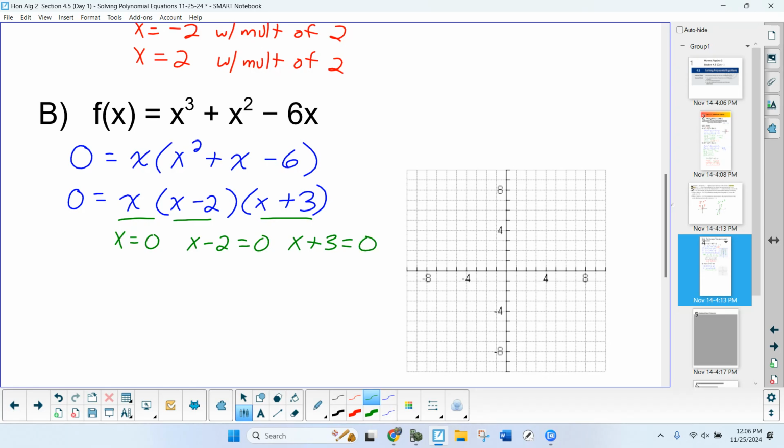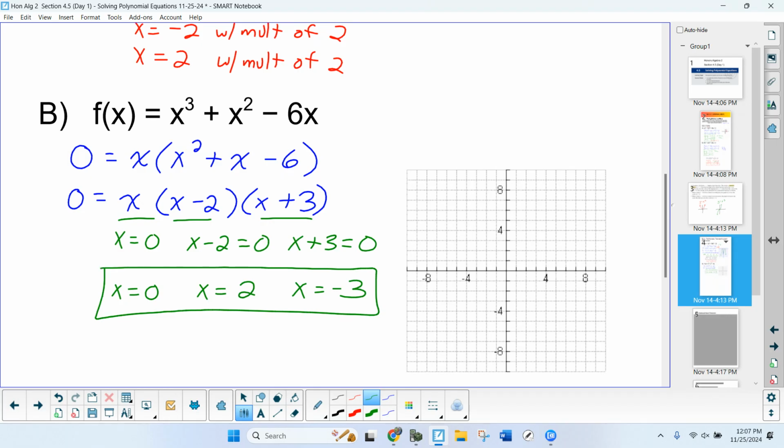What are your x-intercepts or your zeros? Perfect. How'd you guys do at solving it? Now, put those on your graph. They cross the x-axis at 0, at -3, and at +2.